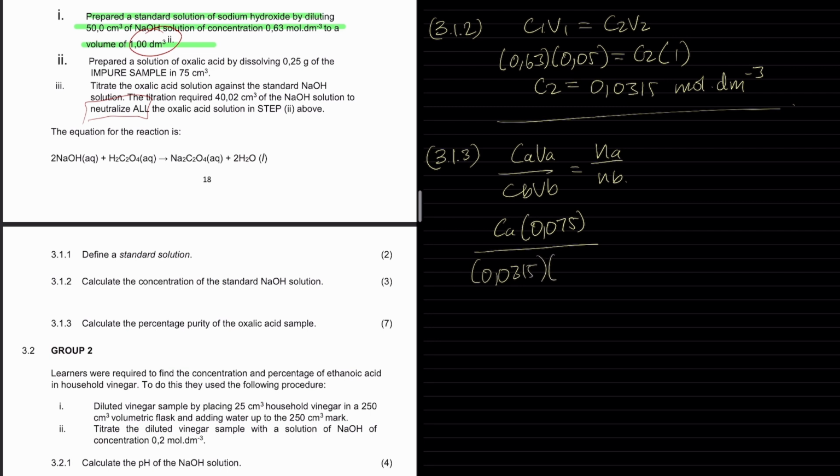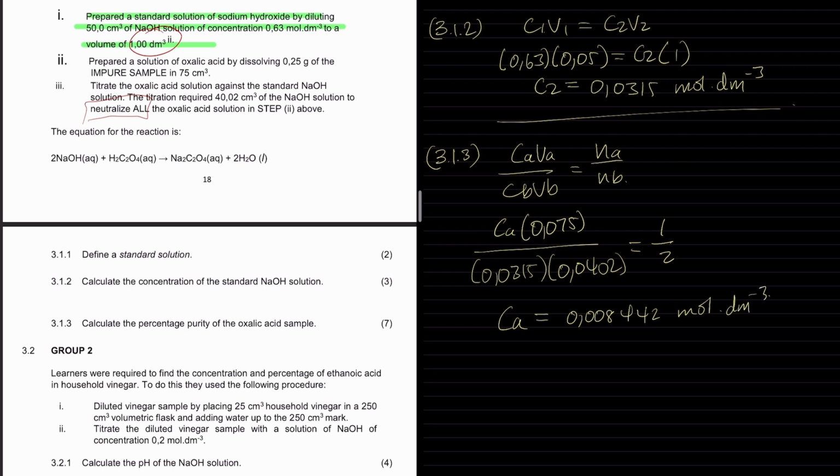The volume of the base was 40.02, which is 0.0402 dm cubed. And according to the reaction, the ratio NA over NB is going to be 1 over 2. So now we can calculate the concentration of the acid. Concentration of the acid is then 0.008442 moles per dm cubed.